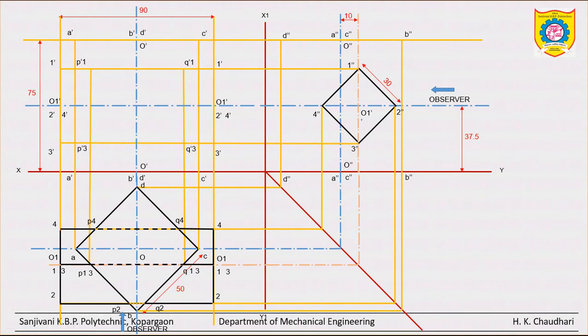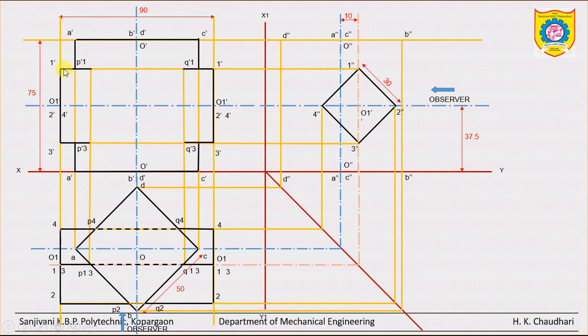Now for the remaining, just see the outline we have drawn here. See again this outline. These are the lines obtained from no intersection, that means it is outside.